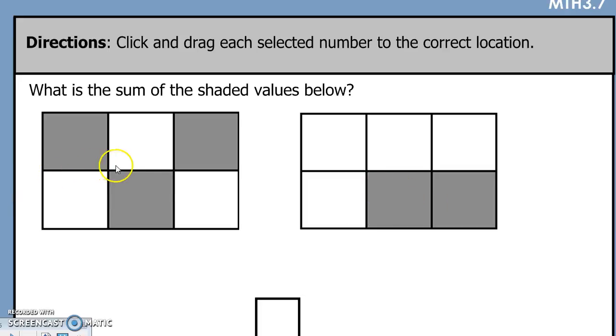So basically you kind of want to think, if we were to move these colored in boxes over here, how many total colored in boxes would there be? And then write that as a fraction. So if we add all of our colored in boxes over here, we would get 5/6.